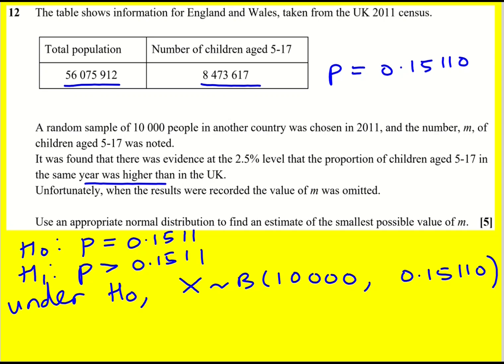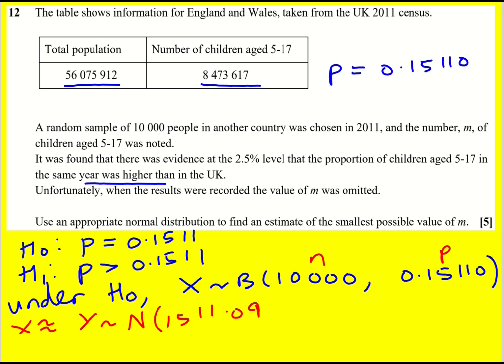And we can write down that X is approximately the same as Y following a normal distribution. Now for the expected value, we will do n times p, because p is the proportion that you'd expect to be children. So we just times by 10,000, and that ends up being 1,511.09.